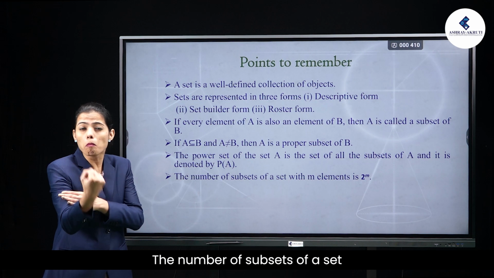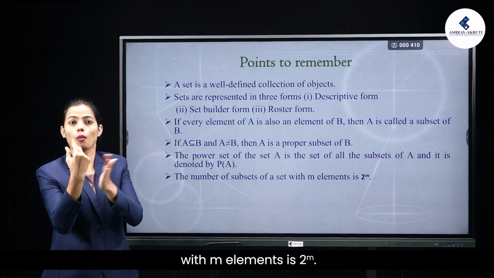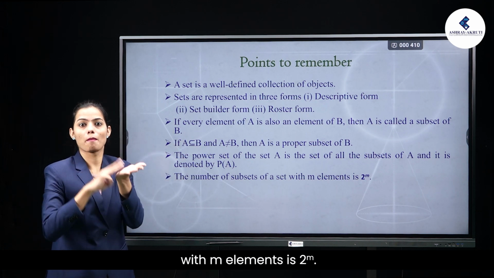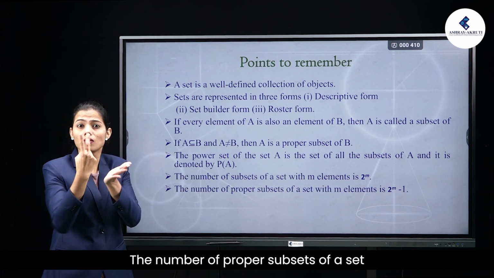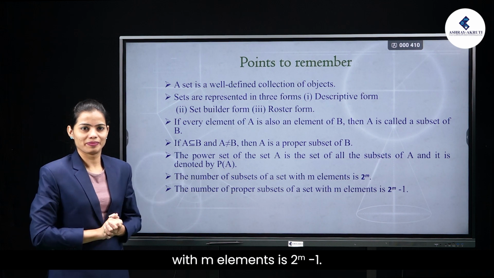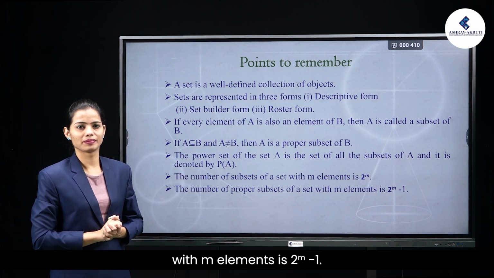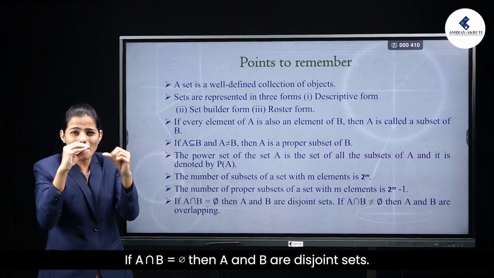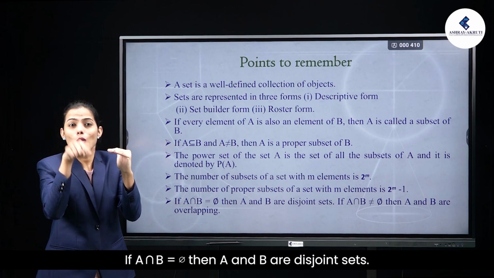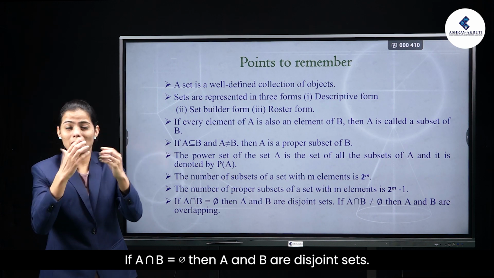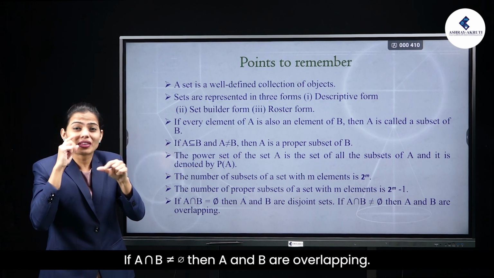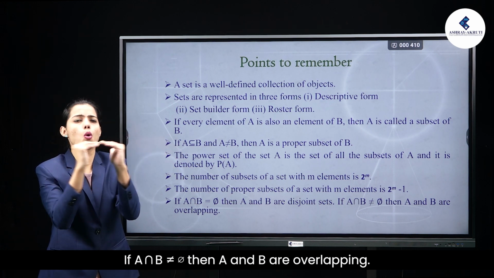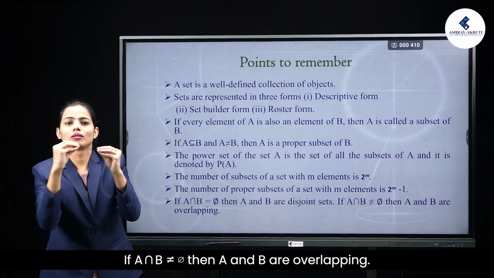The number of subsets of a set with m elements is 2^m. The number of proper subsets of a set with m elements is 2^m − 1. If A ∩ B = ∅, then A and B are disjoint sets. If A ∩ B ≠ ∅, then A and B are overlapping.